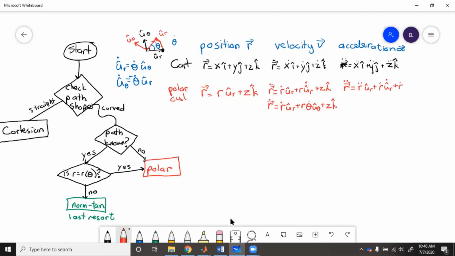So we'll have r dot theta dot u theta plus, we take the derivative of that one. So we'll have r theta double dot u theta plus derivative of this one now, r theta dot u theta dot plus z double dot k hat.